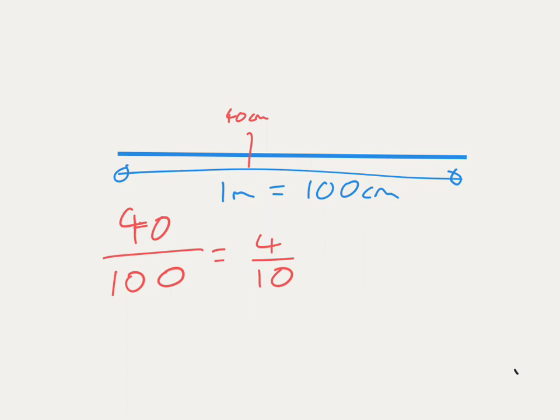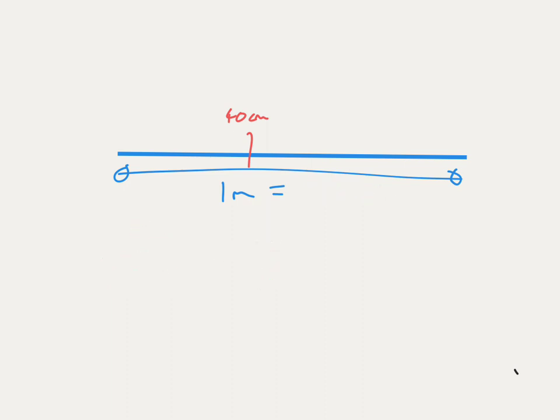If I get even smaller and look at millimeters, I know that 1 meter, because a millimeter is 10 times smaller, is 1,000. There are 1,000 millimeters in a meter. So if I had around about here, 123 millimeters, which is the same as 12 and a bit centimeters.